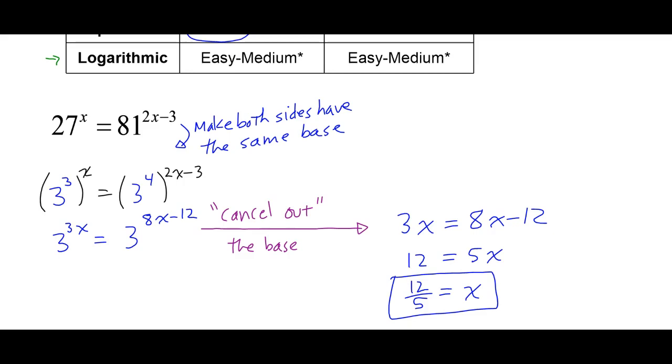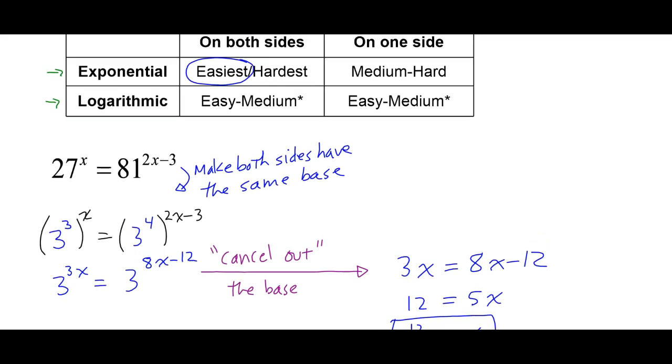Of course, some part of you, at least deep down inside perhaps, is thinking, well, wait a sec. What if I couldn't get the same base? That was kind of a lucky coincidence here that both of these could be rewritten in a way where the base was 3. Yeah, that's a very legitimate problem, and that's why these problems are both the easiest and the hardest type.